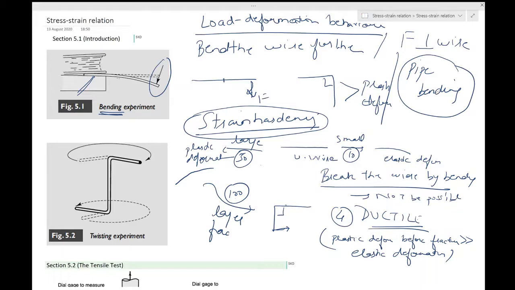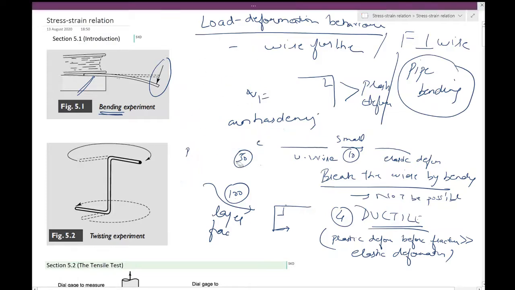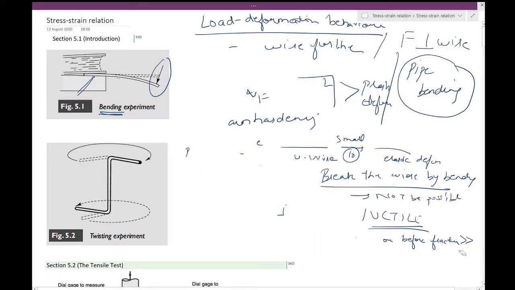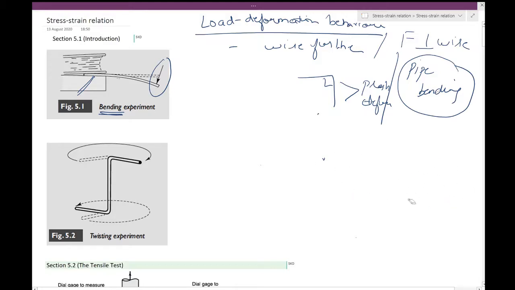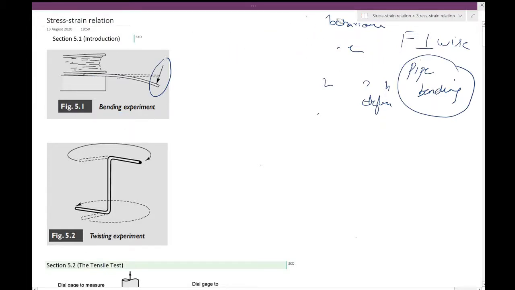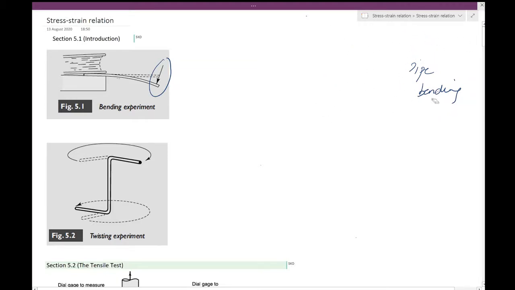Okay, so we want to bend it in a U shape.